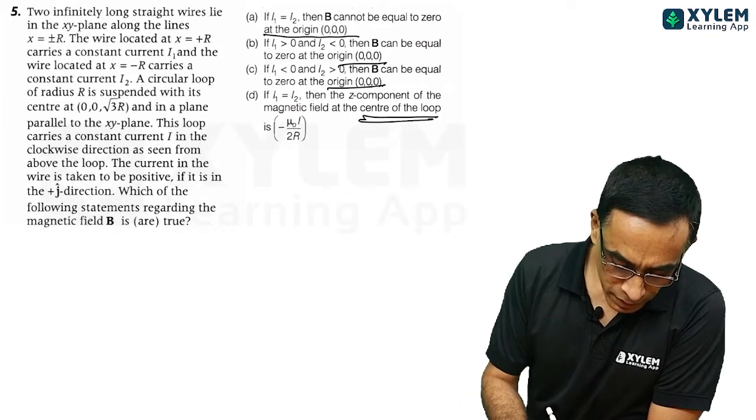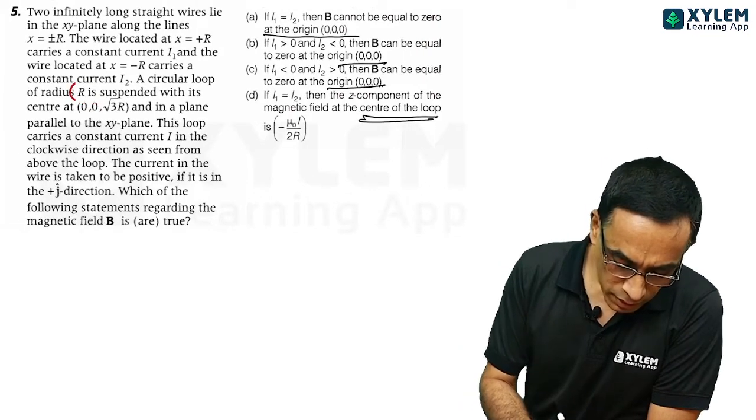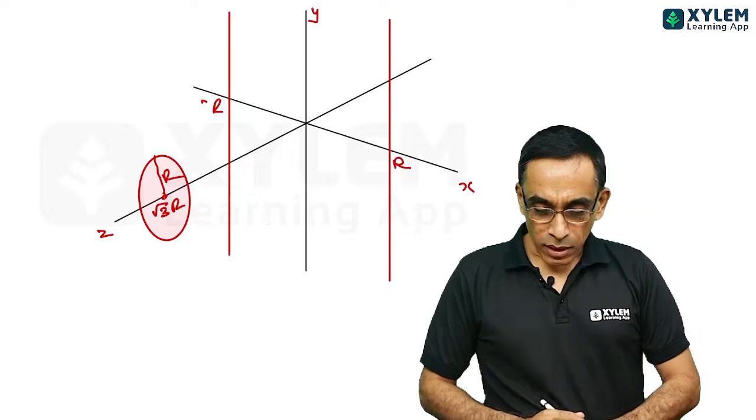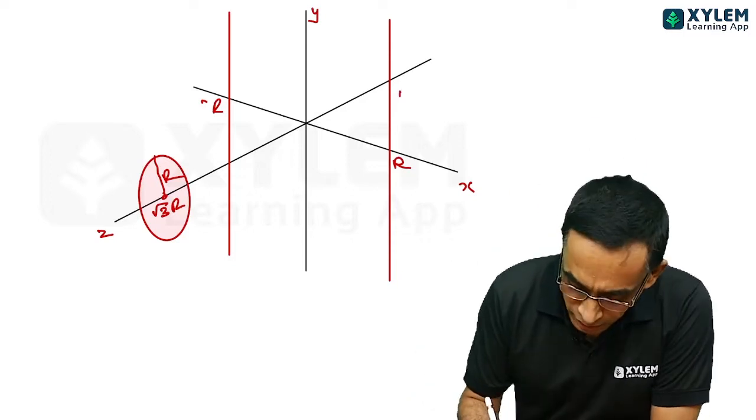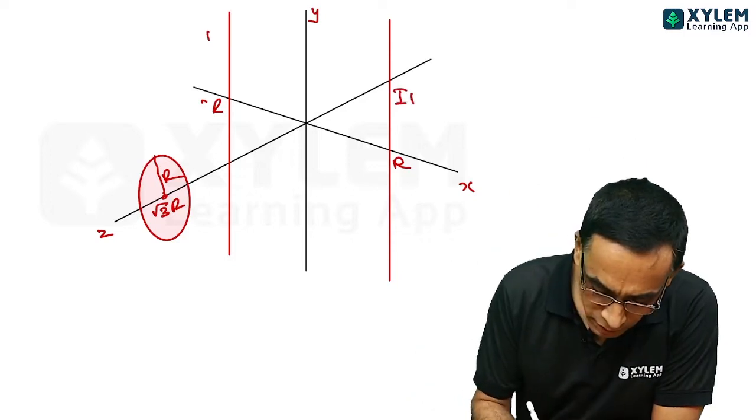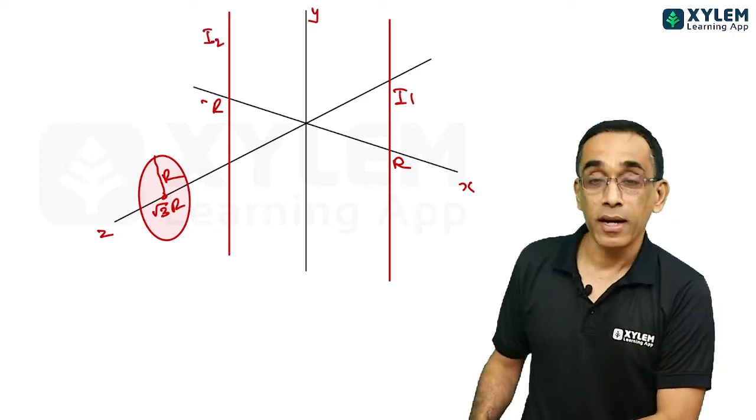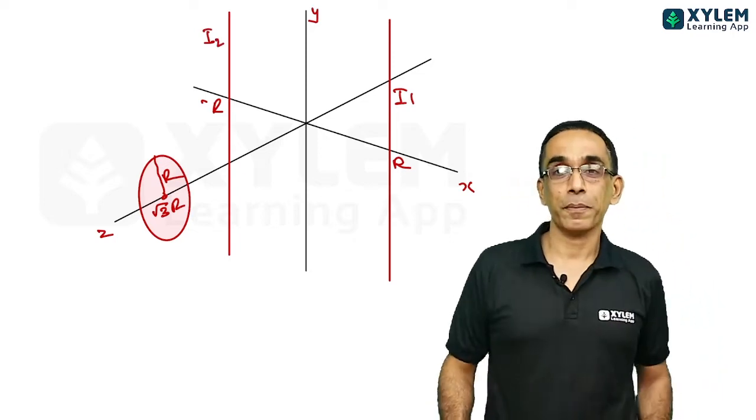Yes, r is the radius. This is the picture. Current direction is not given, but the current here is I1 and the current here is I2. Set this up so that the diagram is understood correctly.